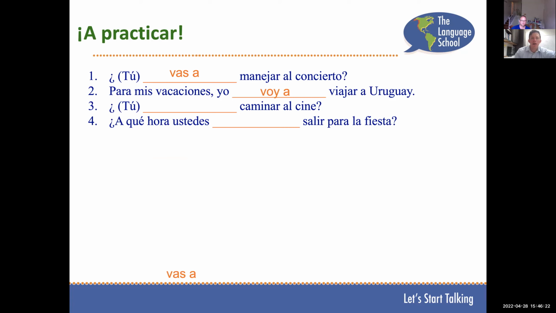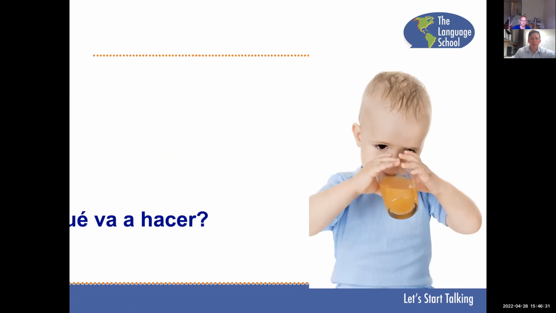Vas a caminar al cine. ¿A qué hora ustedes van a salir para la fiesta? ¿Qué va a hacer el niño? I can't say he's going to drink because he's drinking, right? No, but we're imagining.